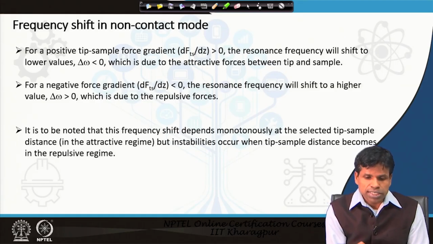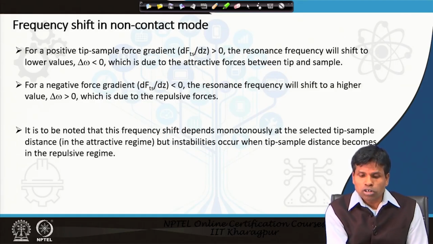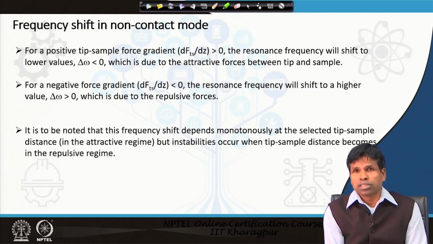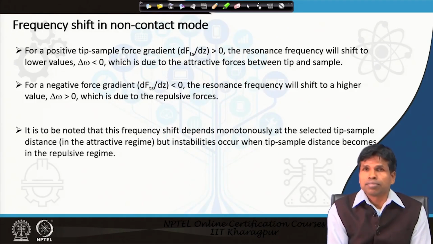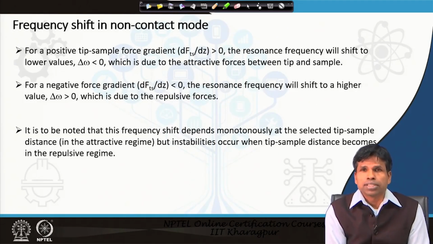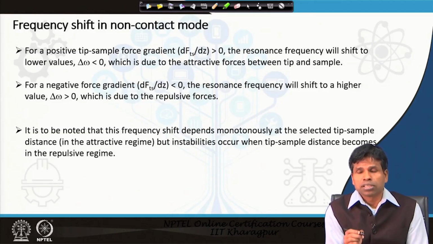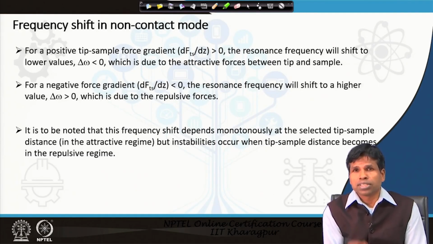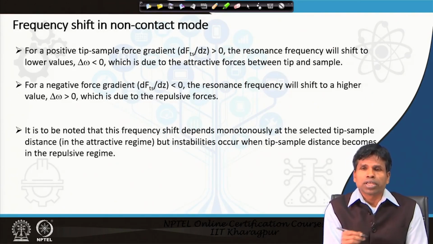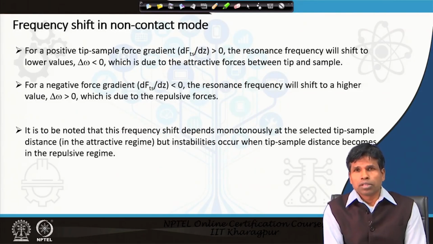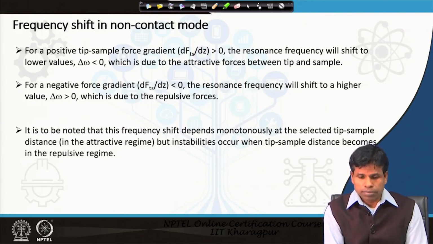It is to be noted that this frequency shift changes monotonously when the tip sample distance changes in the attractive regime, thereby providing us the correct tip sample separation. By knowing the tip sample separation, we can create a 3-dimensional feature of the sample surface.